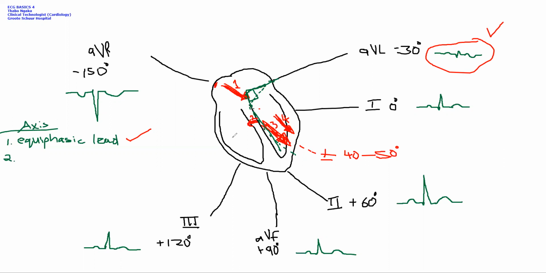So what does that mean now? It means that if this is AVL, let me use a different color, and let me remove all of this.